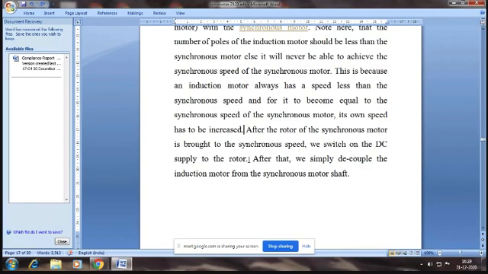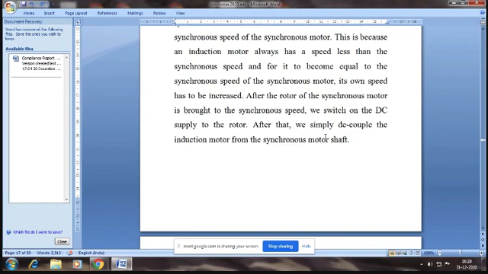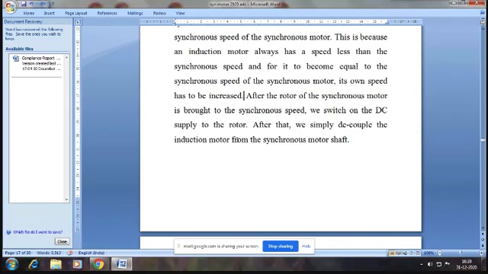Is it clear? Yes, sir. At that point only the magnetic field gets established. Till that point, no magnetic field. After that, we simply decouple the induction motor from the synchronous motor shaft. That's the concept here.